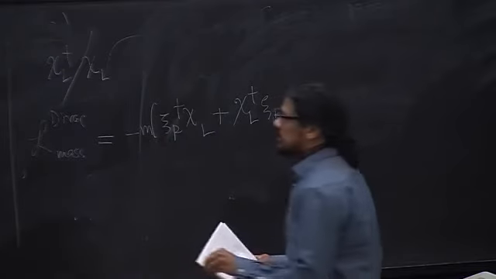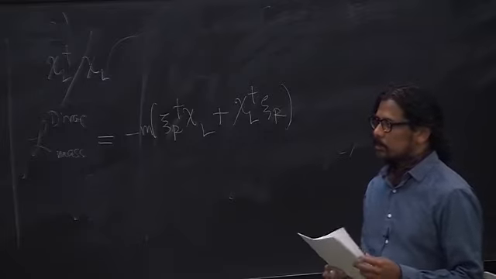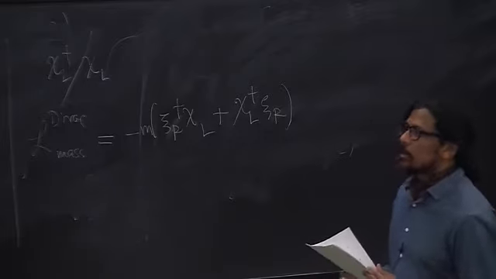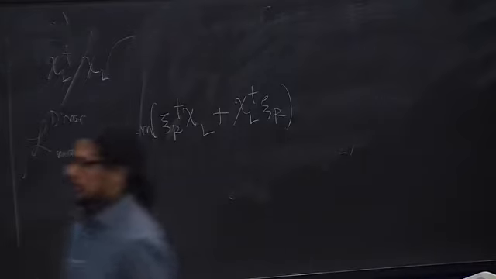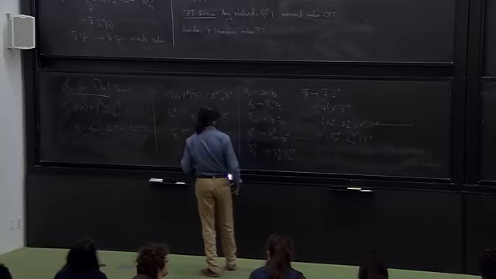This is not to say that you cannot have mass terms for Weyl spinors. You may, but you have to pay a price. And that's our last thing that we're going to cover today.